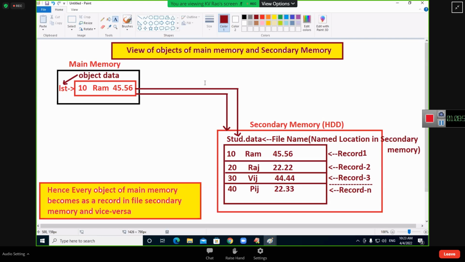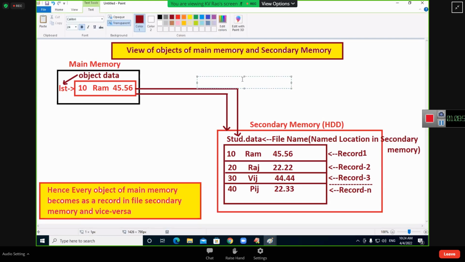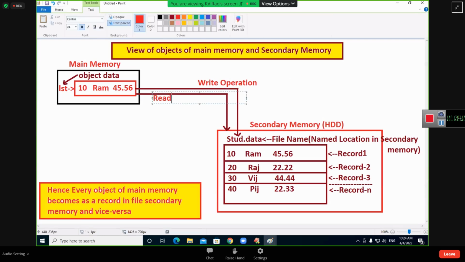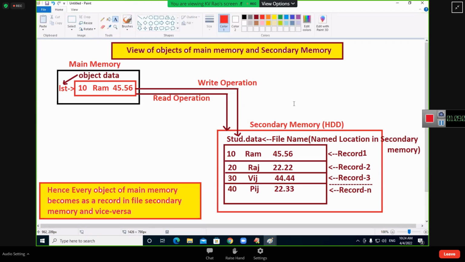Students, this is called what operation? Write operation. And this is known as which operation? Read operation we can call. How many operations on files? 2 operations.